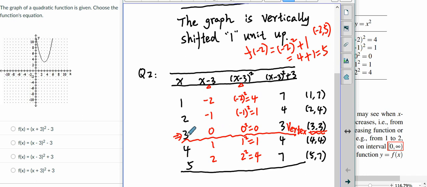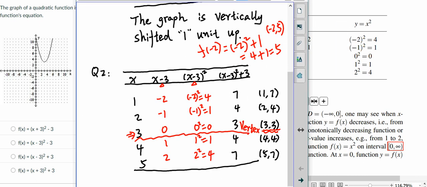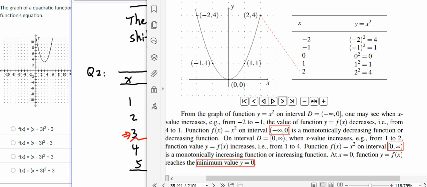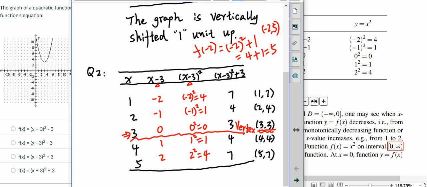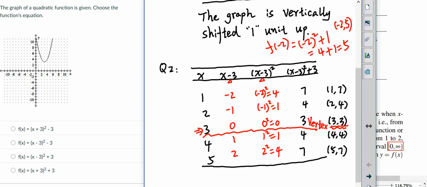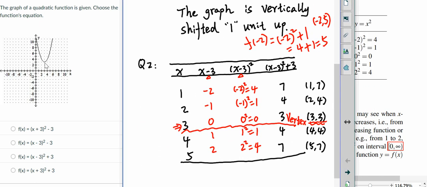So then you have a point which is 3, 3, and that's the vertex. Okay, so from origin 0, 0, now it goes to 3, 3. And that will be this point.